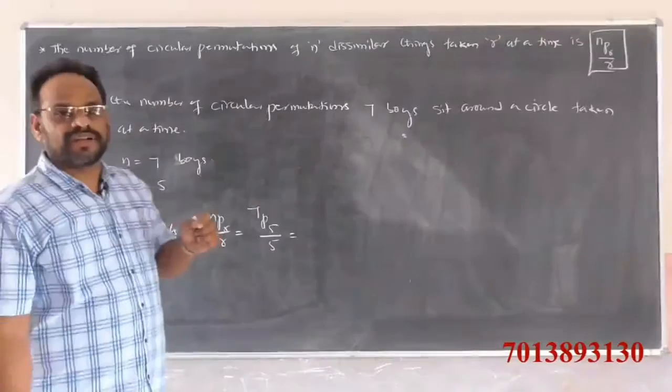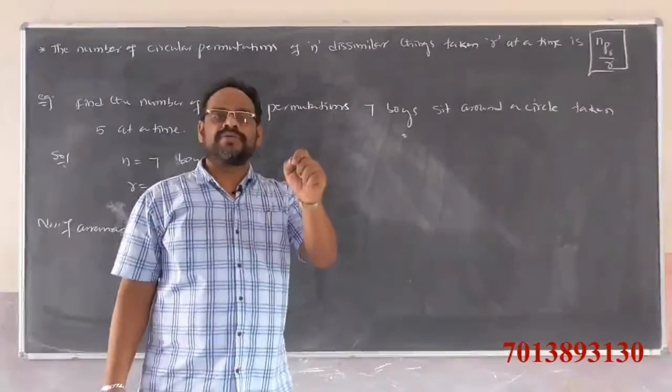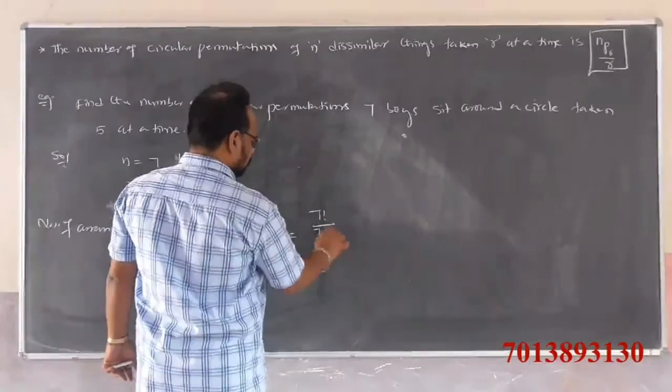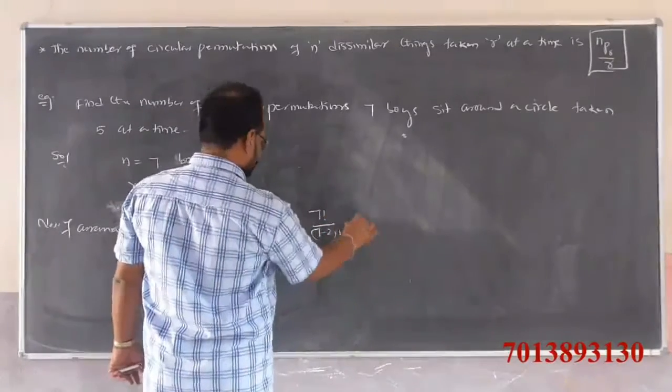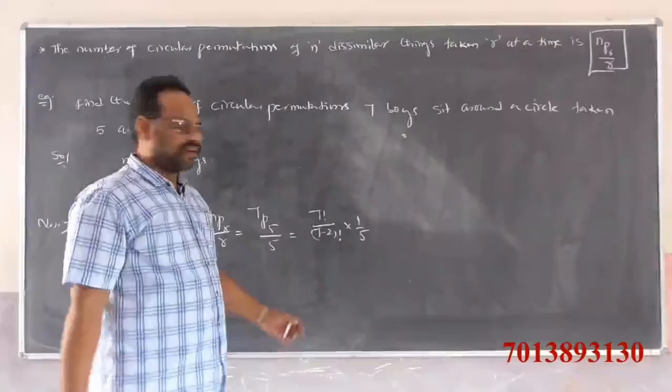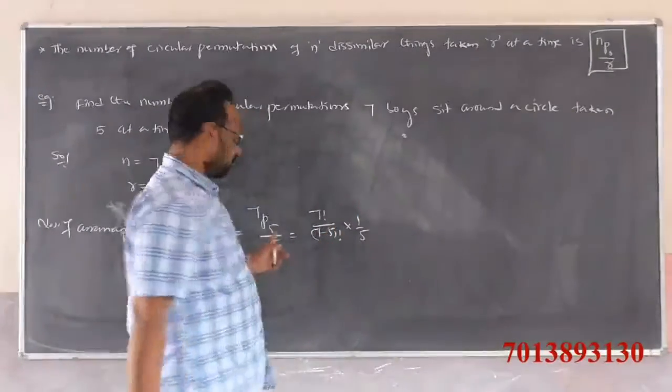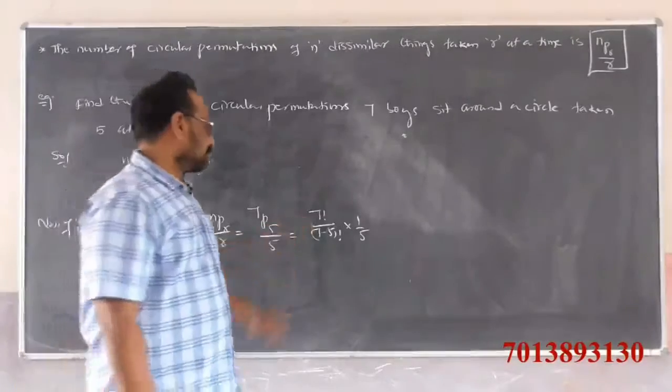Already we know that nPr means n factorial by n minus r factorial, that is 7 factorial by 7 minus 5 factorial.